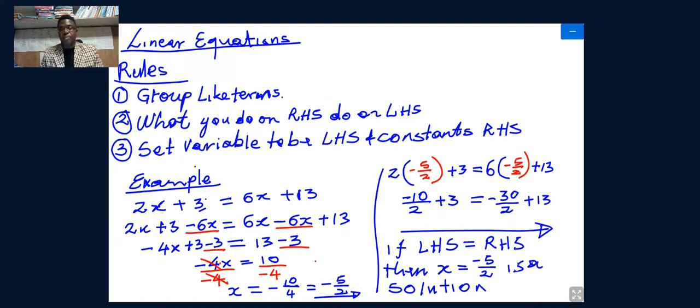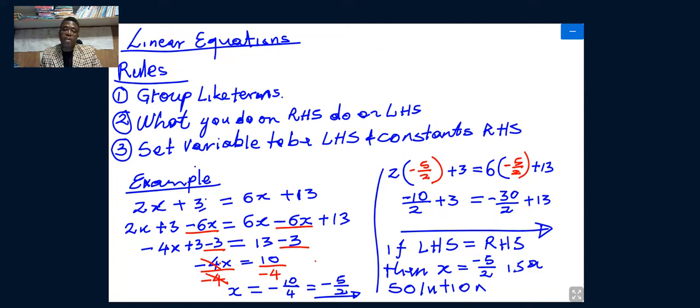In this lecture, we are talking about linear equations. These linear equations follow a set of rules. You will remember when we were doing algebraic expressions, we said the first rule is to group like terms together. That was the first rule. We group like terms together.